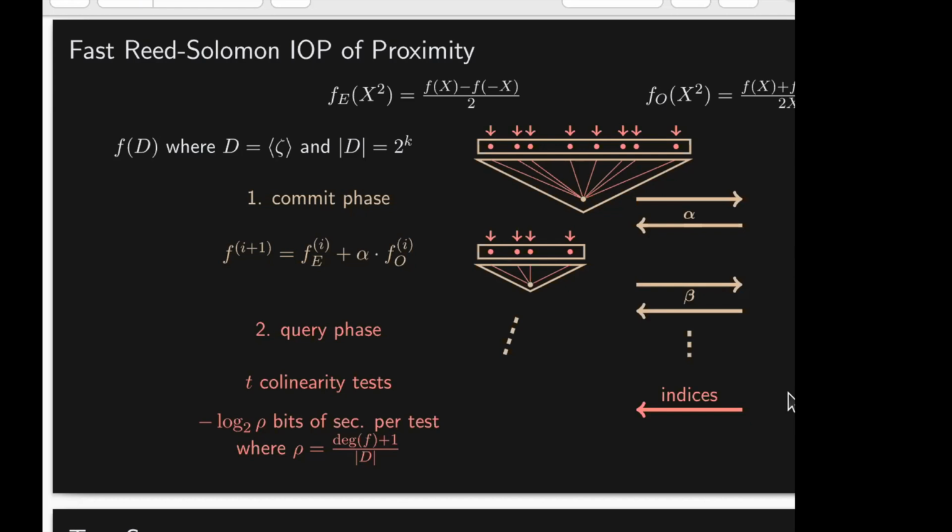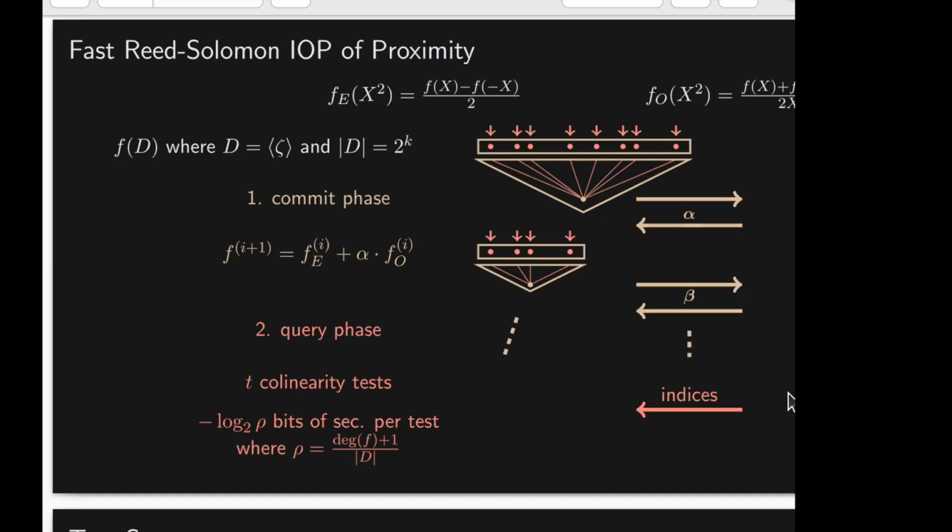You can also think of that as the ratio between the domain that's used for interpolation versus evaluation. And this is the dirty secret of STARK proofs in practice, right? We all use this rule that you get log rho bits of security per collinearity test.